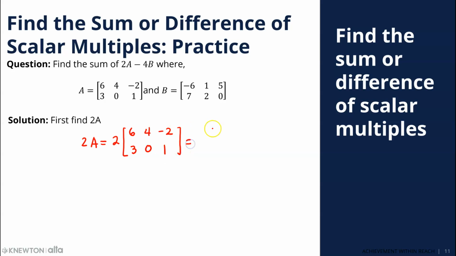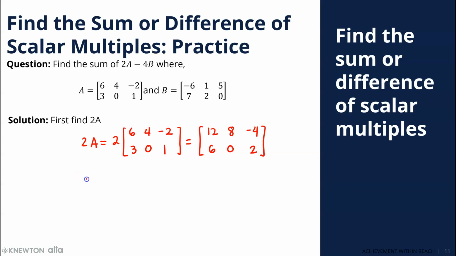This is just multiplying each element in matrix A by 2. So 6 times 2 is 12, 4 times 2 is 8, negative 2 times 2 is negative 4, 3 times 2 is 6, 2 times 0 is 0, and 2 times 1 is 2. This is your matrix 2A.